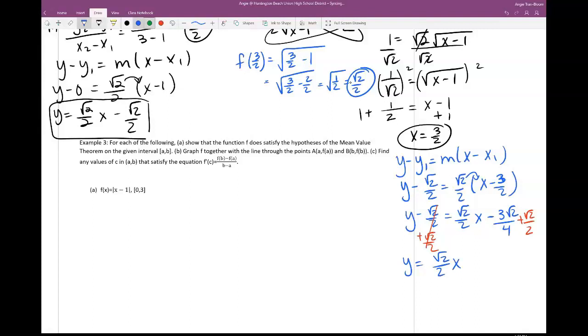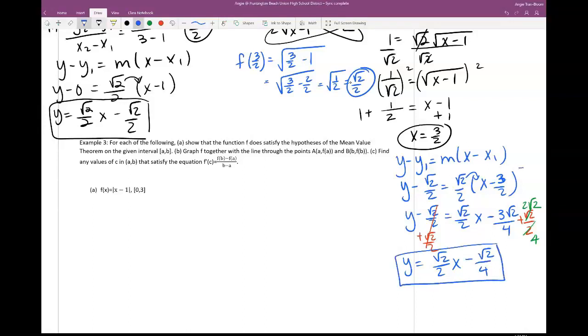I need to make this into a common denominator of 4, so now this is really 2 rad 2. So if I do that, can you see that I currently have what? Negative 3 rad 2, add 2 rad 2, over the denominator 4. So would you agree that I have a negative rad 2 over 4? And that is my final equation.